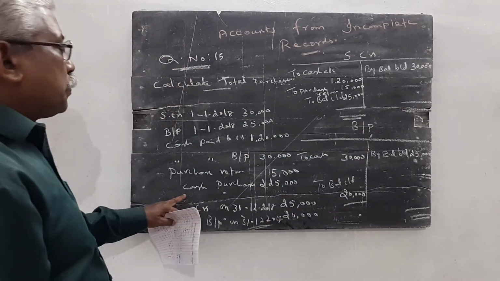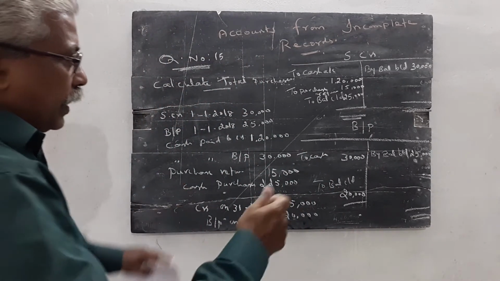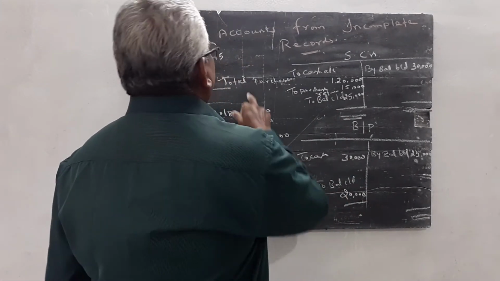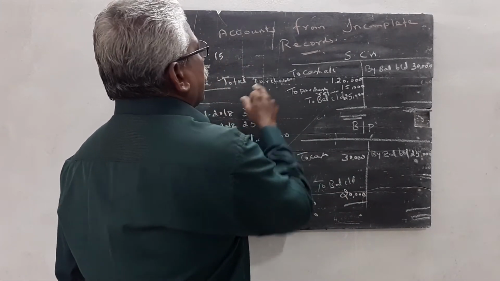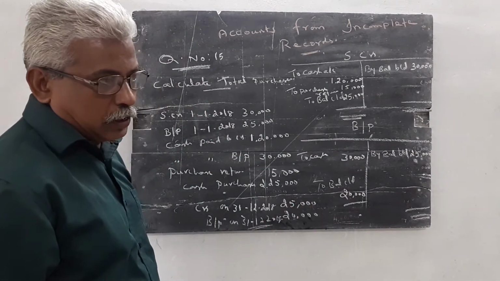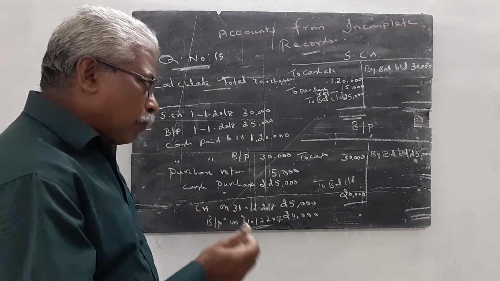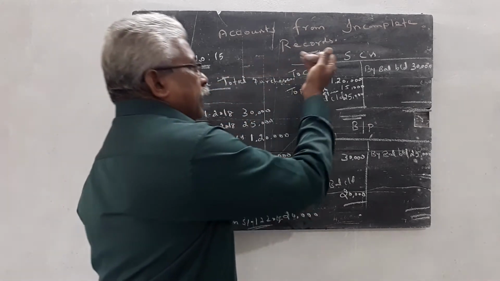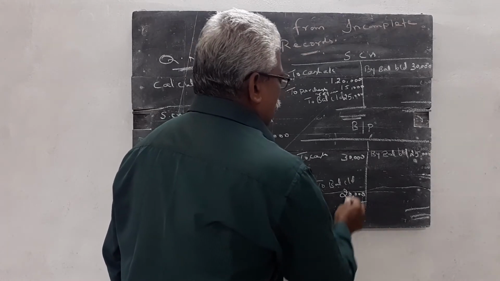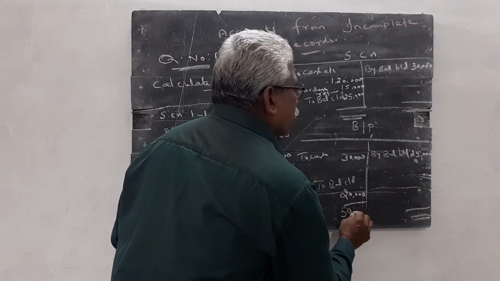Then cash purchases is not taken in the sundry creditors or bills payable. It is taken for the purpose of calculating total purchases. First we close the bills payable account. The bills payable account balance is transferred to sundry creditors account. So this side total is 50,000.